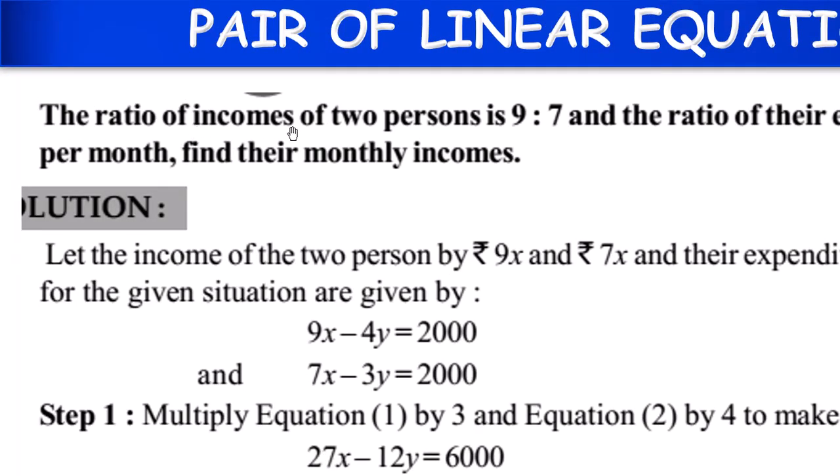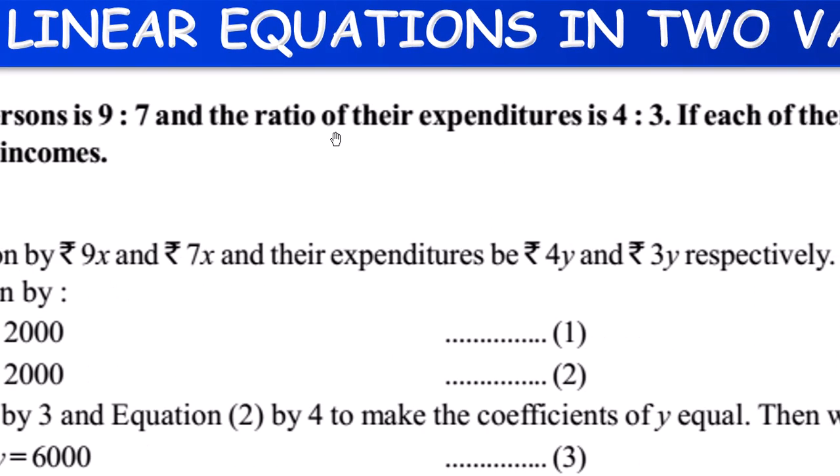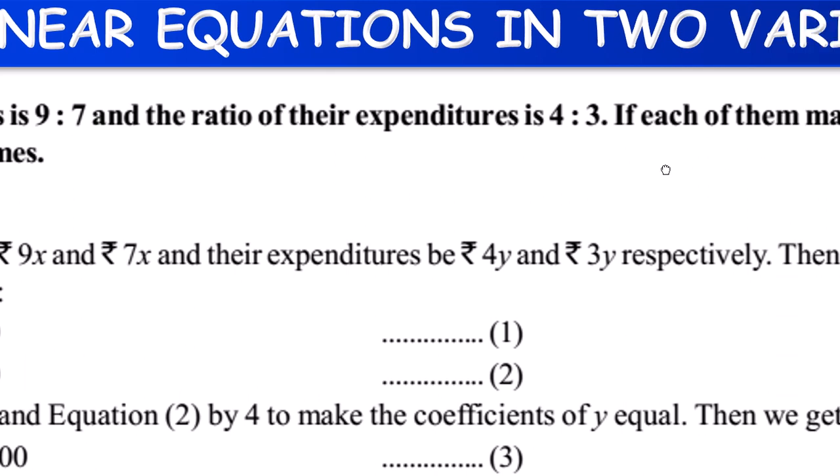The ratio of incomes of two persons is 9:7. The ratio of the first person's income and the second person's income is 9:7. And the ratio of their expenditures is also given, which is 4:3.